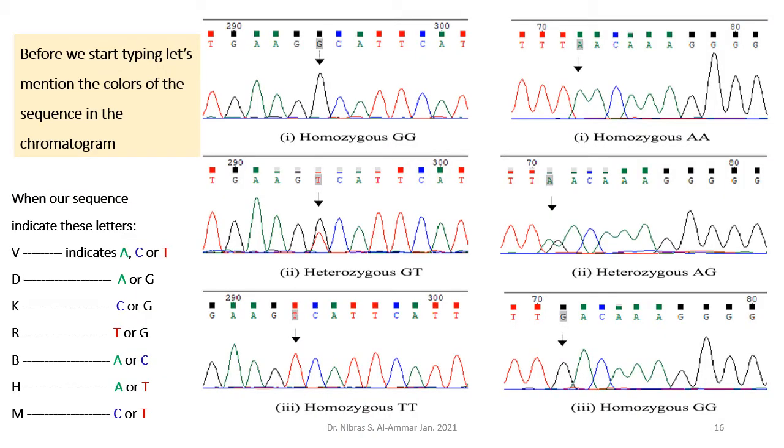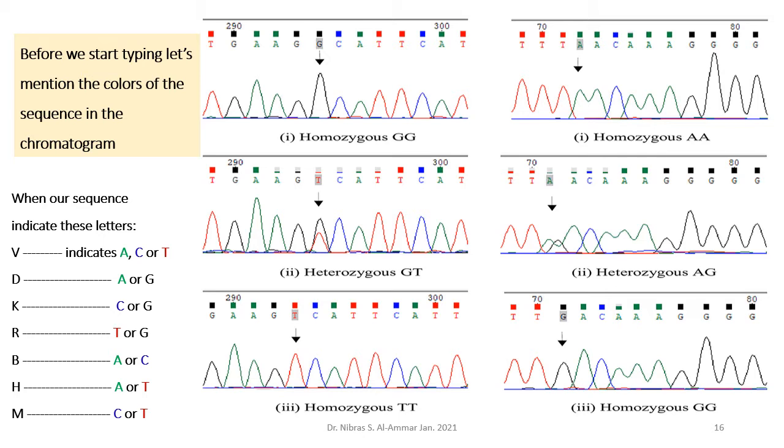Now, before we start typing, let's mention the colors of the sequence in the chromatogram. As we can see here, the T is red, the G black, the A is green, and the C is blue. In the upper two, we have homozygous GG.